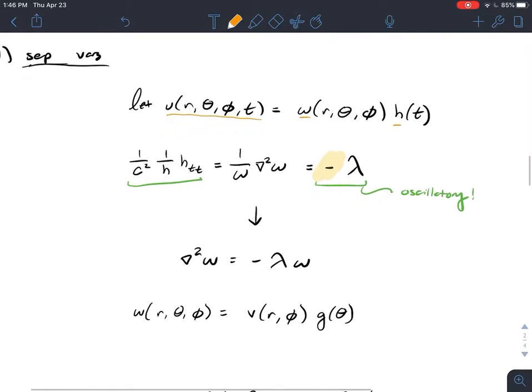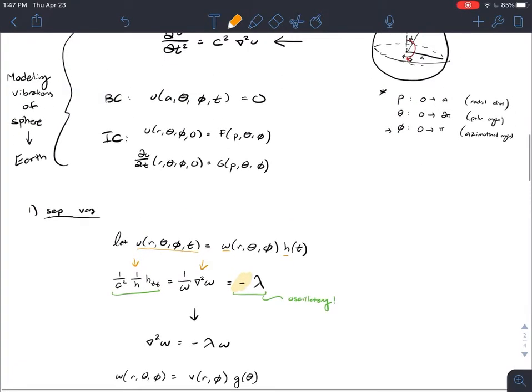So in the following step, I have put all the time dependent terms on one side of the equation and then all the w terms on the other side. I'm going to set my separation constant equal to a negative number because I want my solutions in time to oscillate. Remember that we want oscillatory solutions because we're trying to model vibrations of a sphere, right?